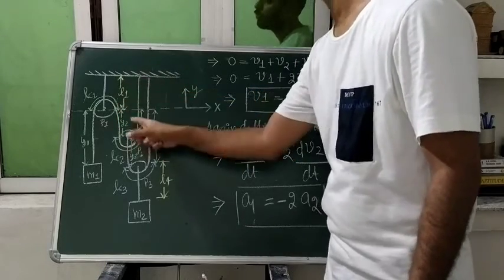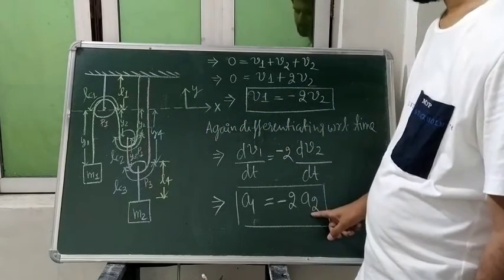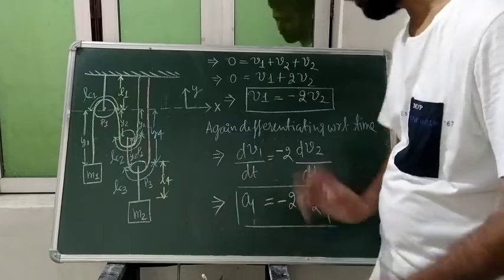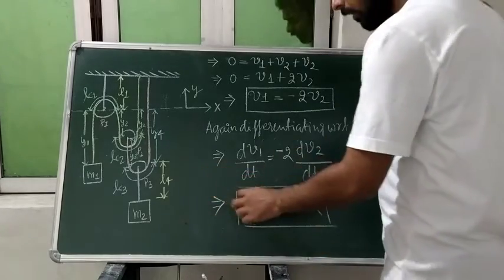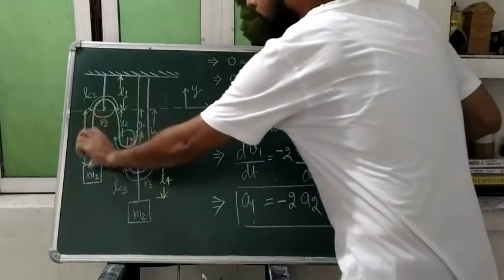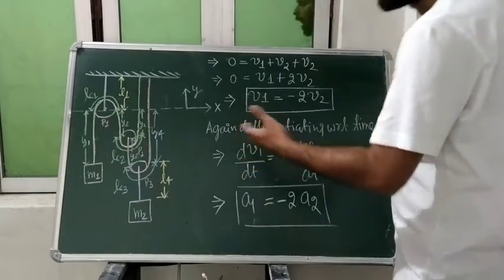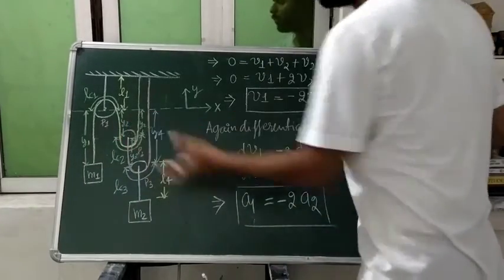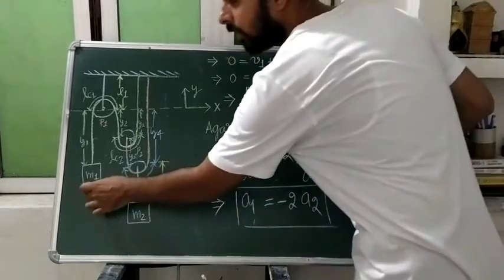Whatever acceleration y1 or the block moves with, y2 will move with half of the acceleration of this block.